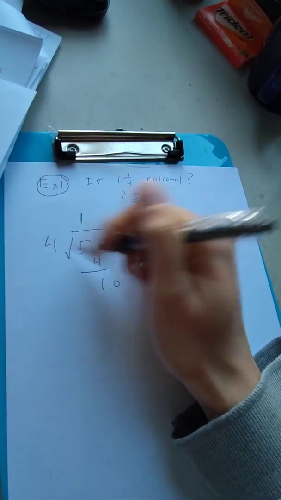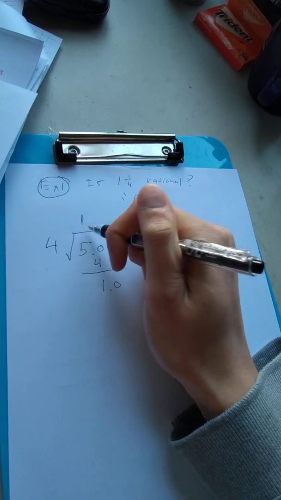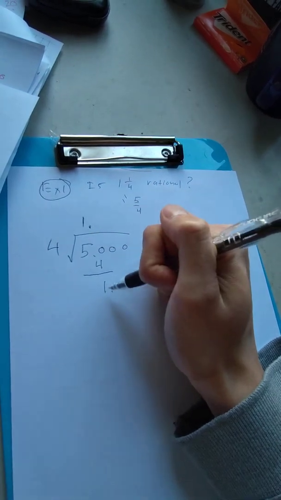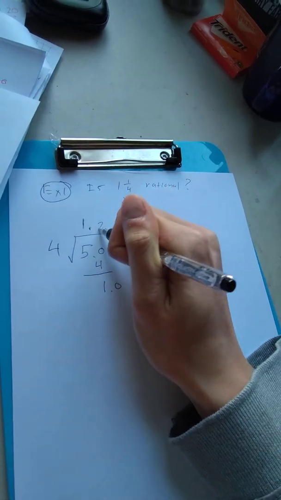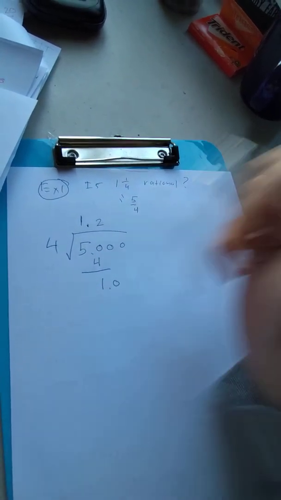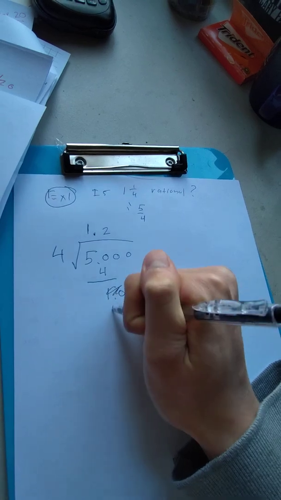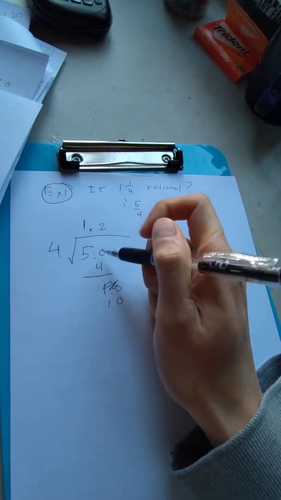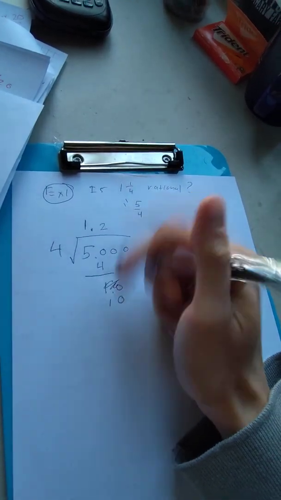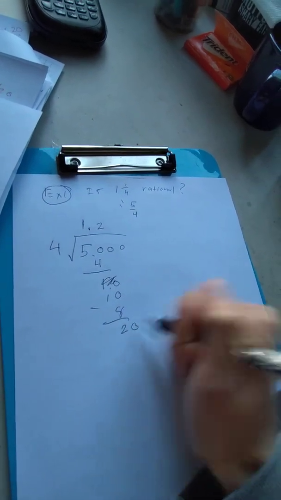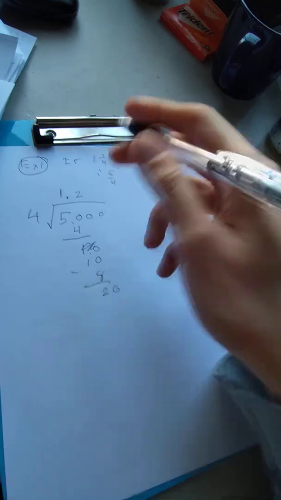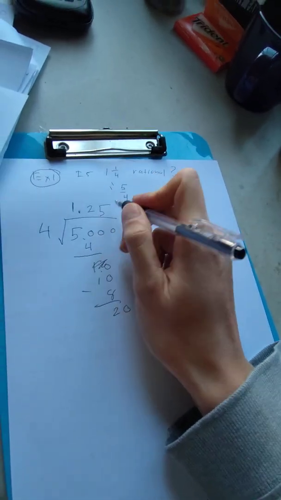Now how many times can 4 go into 1? Basically zero, so I put the decimal, and this will be 10. How many times does 4 go into 10? Twice, so 8. So then this will become 20. How many times does 4 go into 20? That will be 5 times.